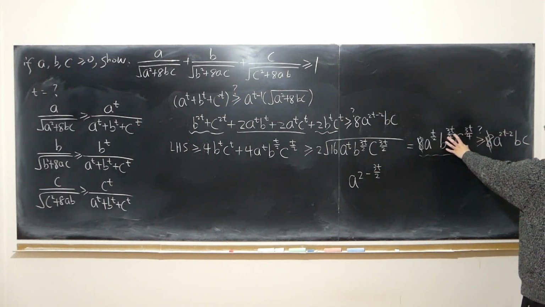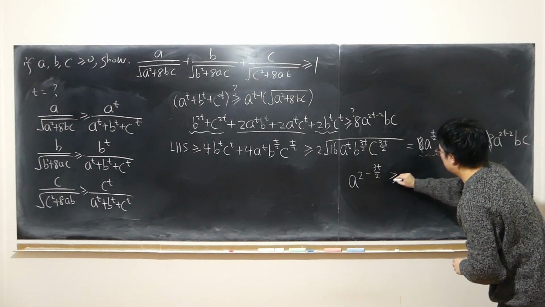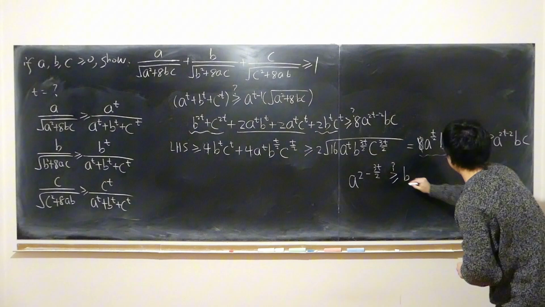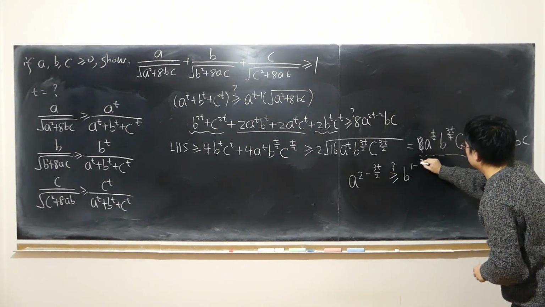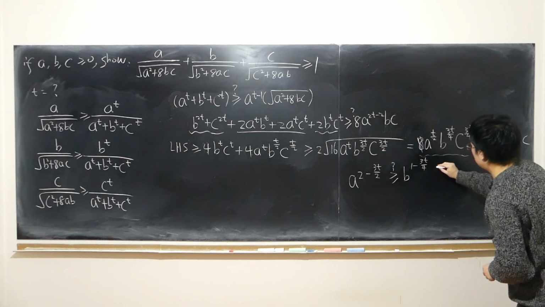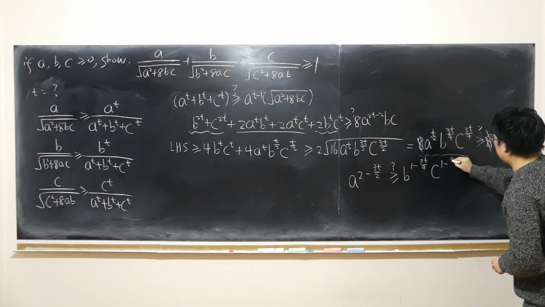And then you move this term to the other side. So is it greater than or equal to b to the 1 minus 3t over 4 times c to the 1 minus 3t over 4?